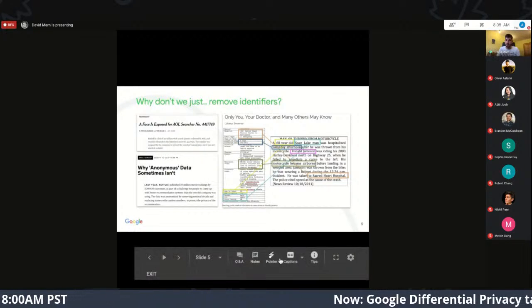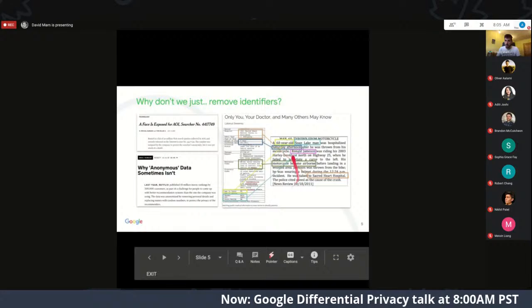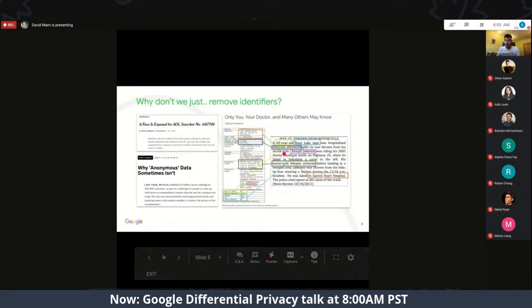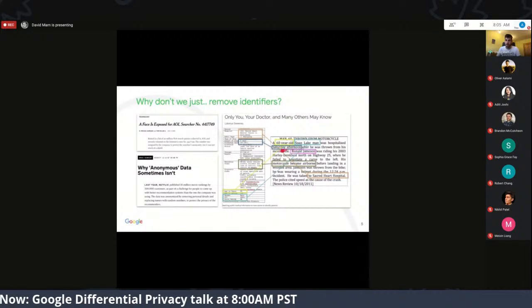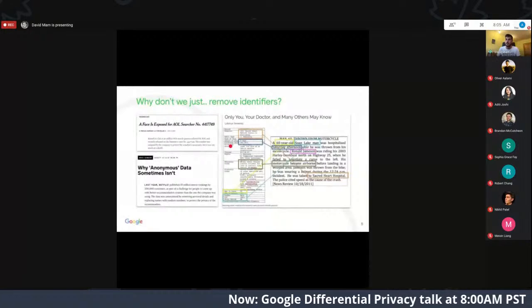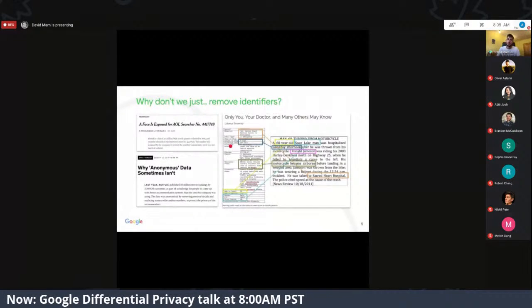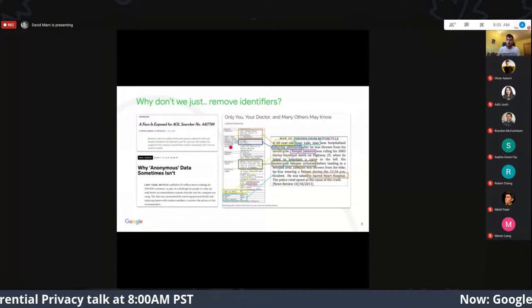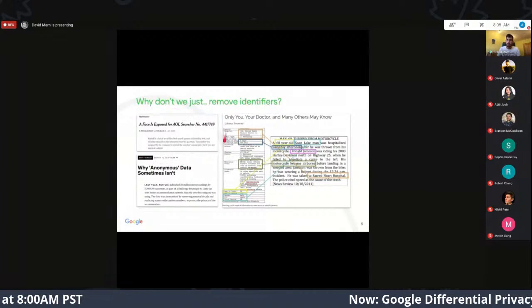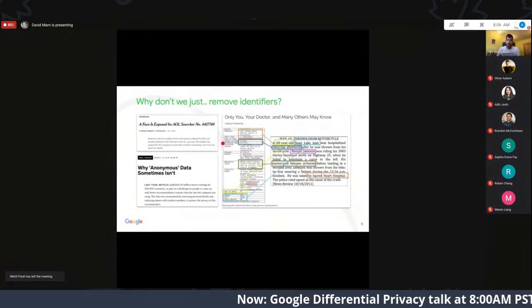We see an example of this on the slides here, where you can now find the name of the person to whom this very sensitive medical document belongs. Although this seems like quite a lot of effort to put in, we can also do these things at scale. For instance, AOL decided to publish their search records that were de-identified.